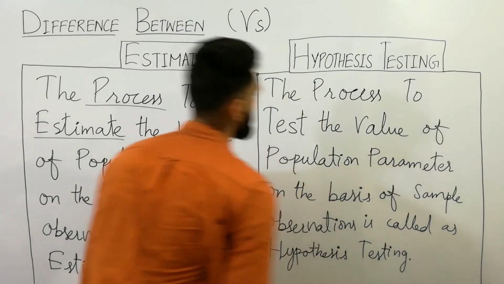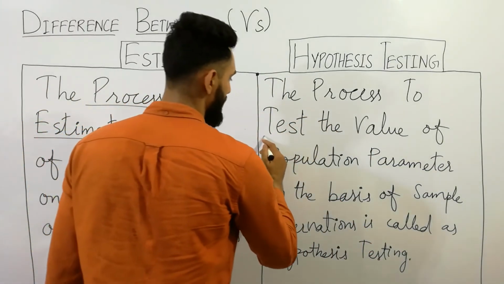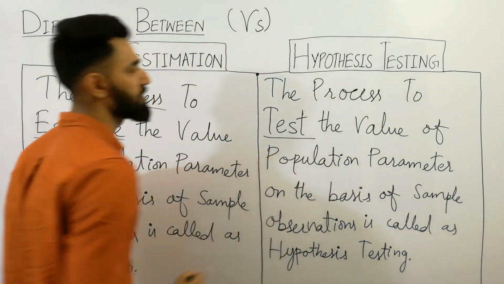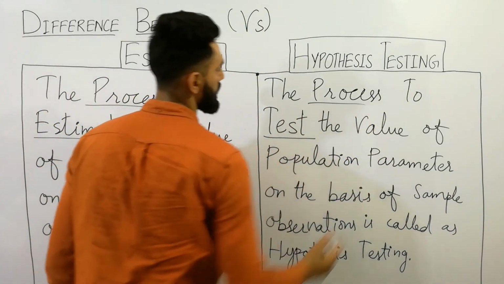So it's simply the process to test the value of population parameter is called as hypothesis testing.